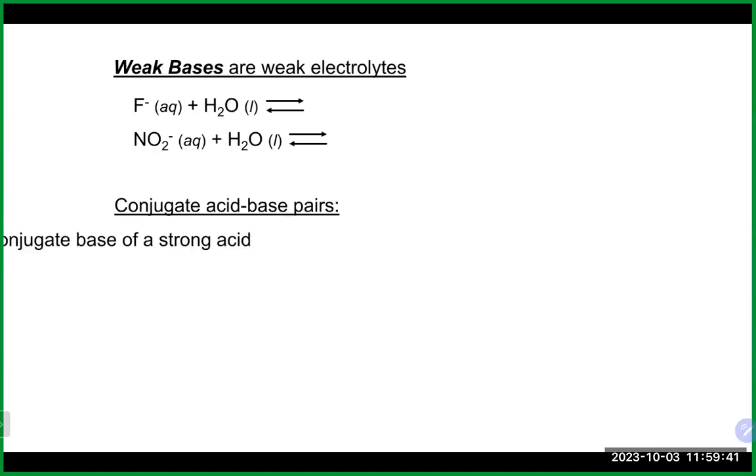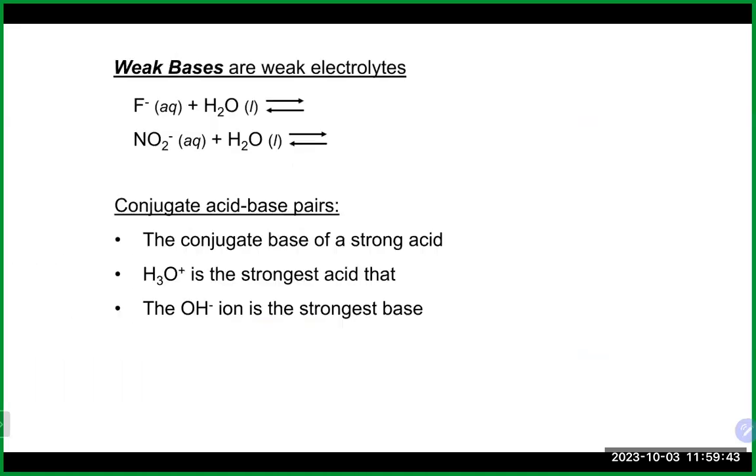Weak bases, on the other hand, again, are weak electrolytes. So in this case, they'll actually accept the H plus coming that way. They're going to make us HF, a little OH minus. So although F minus does not have hydroxide in it, by doing this reaction, it's able to produce hydroxide, and that's why it's considered a base.